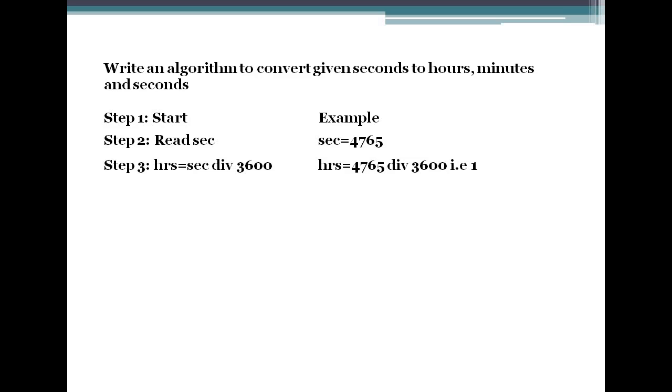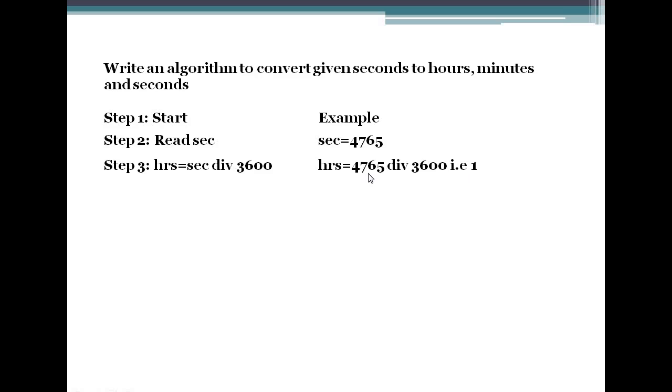So hours is equal to seconds divided by 3600. Here you can see that hours is equal to 4765 divided by 3600. We have used the div operator, therefore the answer for hours is equal to 1.